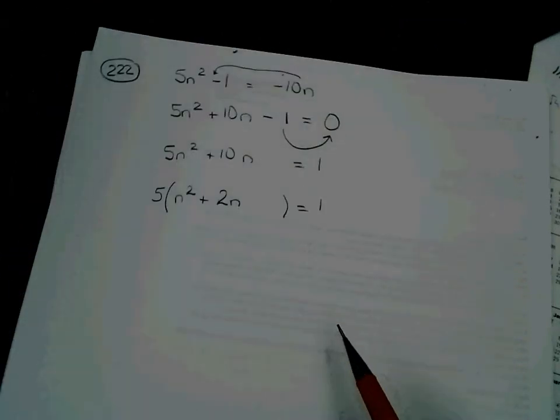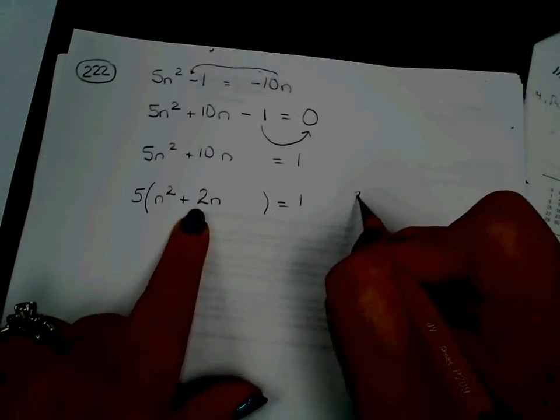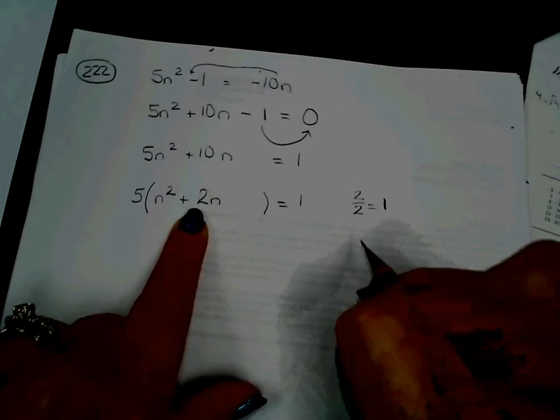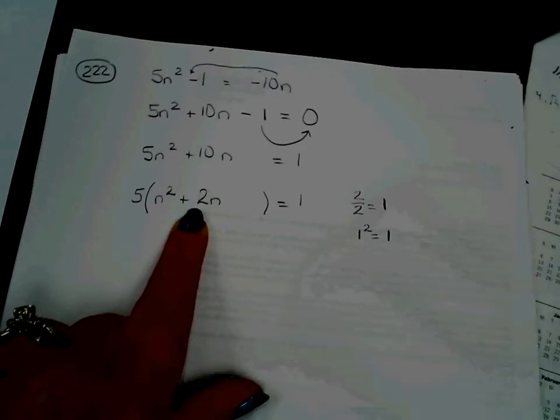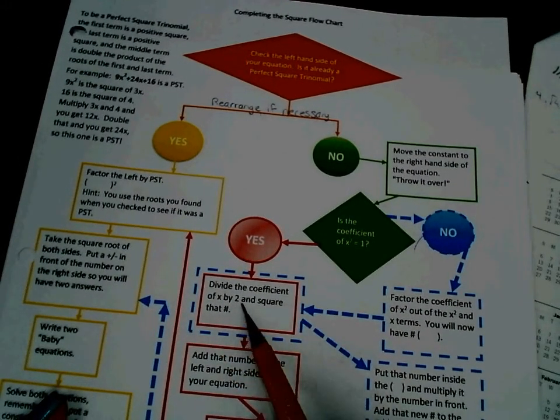So divide the coefficient of x, which in our problem is an n, by 2. 2 divided by 2 is 1. And then it says square it. 1 squared is 1. Okay? So I've done this step.